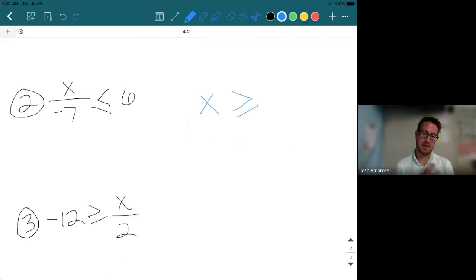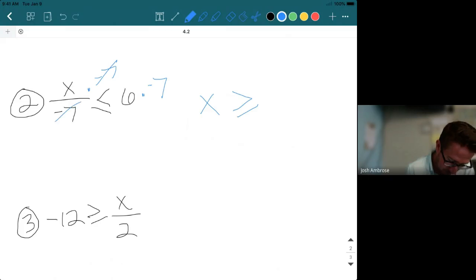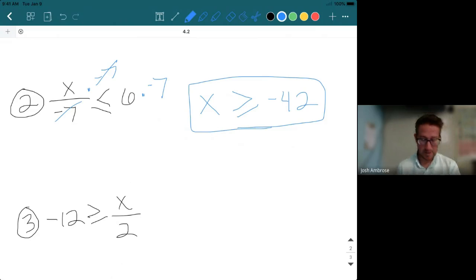Now let's go back to how do I get rid of that -7? I multiply both sides by -7. That allows me to cross out those -7s, isolating the variable. 6 times -7, -42. Key piece: the first time you had to notice you are multiplying or dividing by a negative coefficient, and you have to flip that inequality.